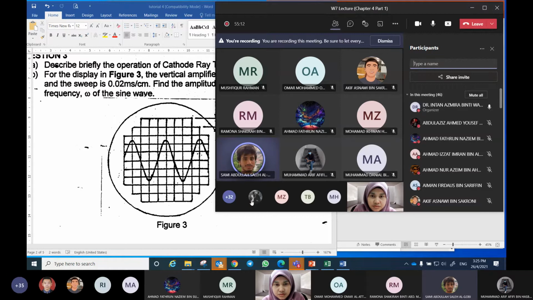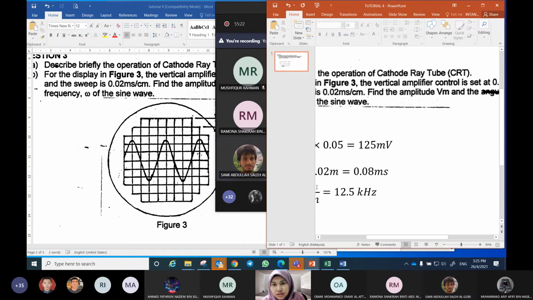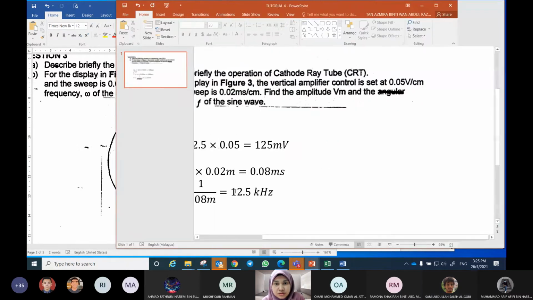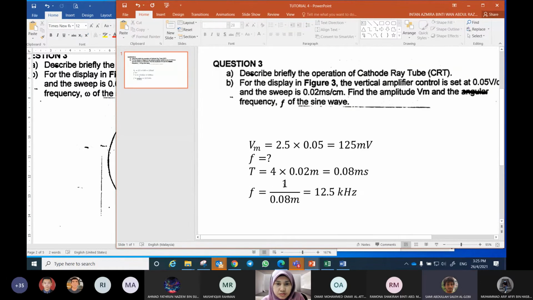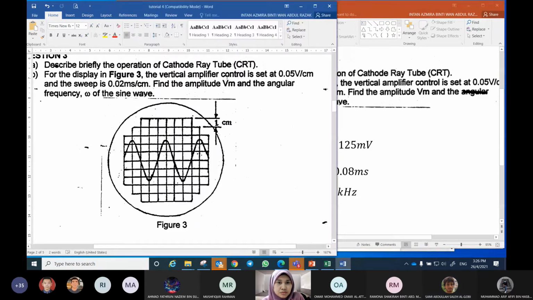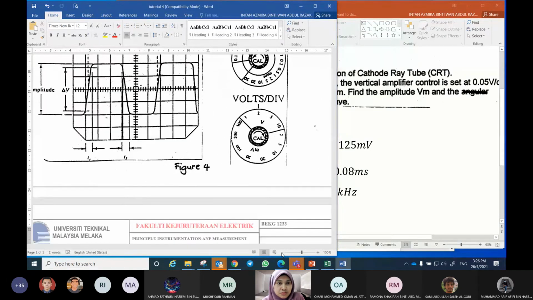The answer is 12.5 kilohertz. If you ignore milli here, your answer will be no kilo. Since we have milli here, your answer will be in kilo. Okay, the next, number 4.